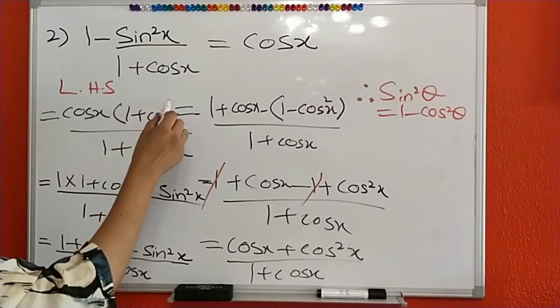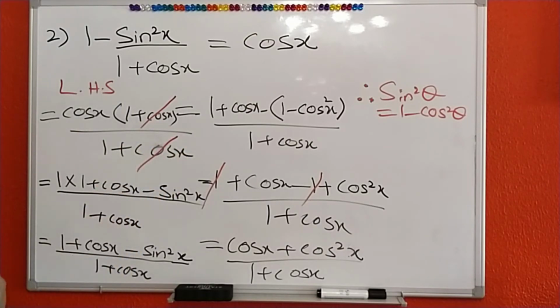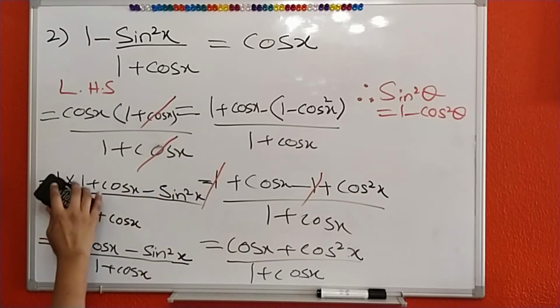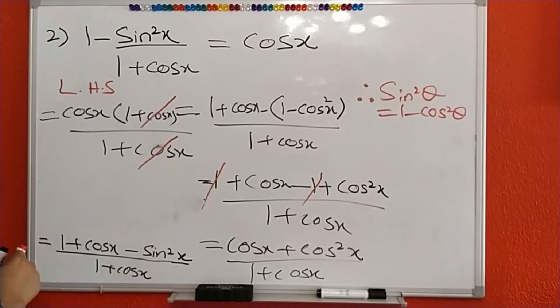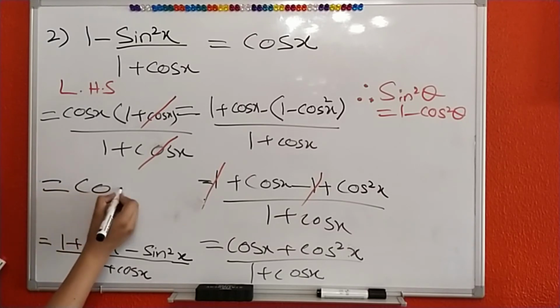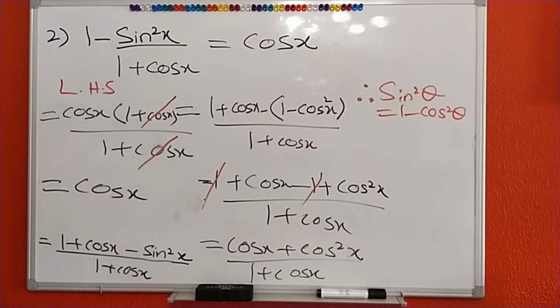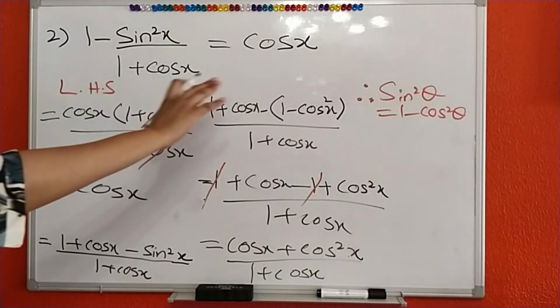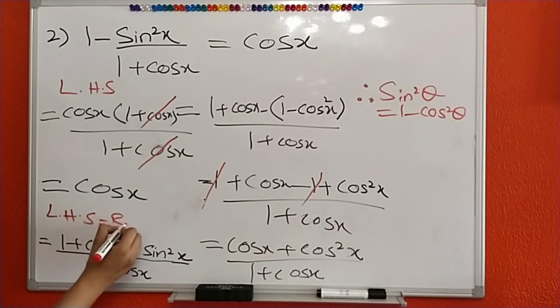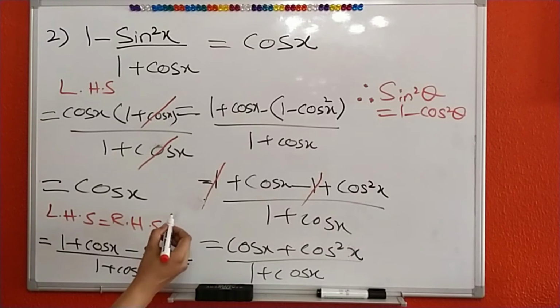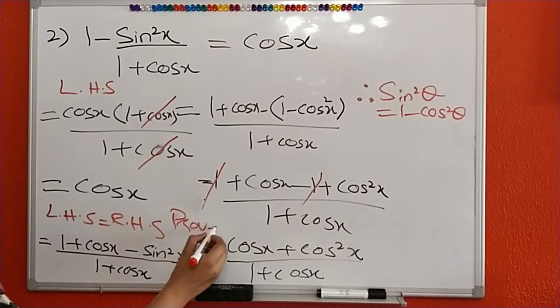These two are similar, so I can easily cancel them. Now what do I have left? I have cos x. You can see I have converted the left hand side into the right hand side. Here you can write left hand side is equal to right hand side, and I have proved the question. So you can write proved, and if you need to, you can write verified.